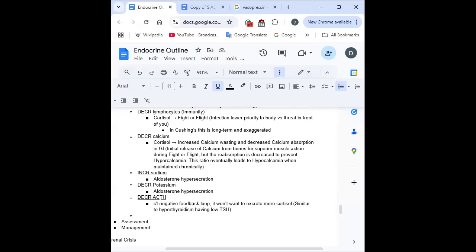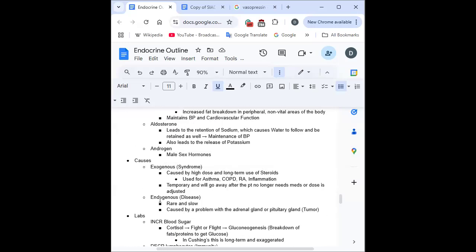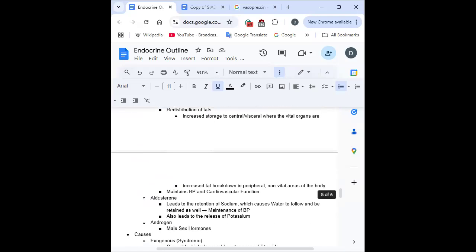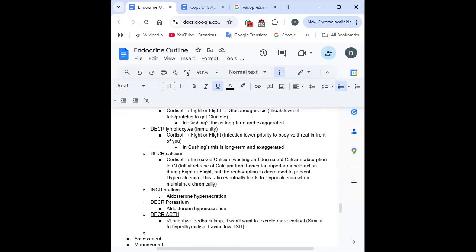And then here is the ACTH, adrenocorticotropic hormone. This is the thing that essentially activates the release of these hormones. And this is a feedback loop similar to your TSH.